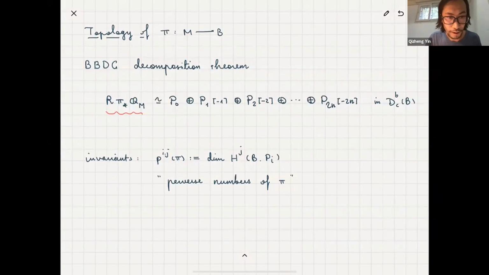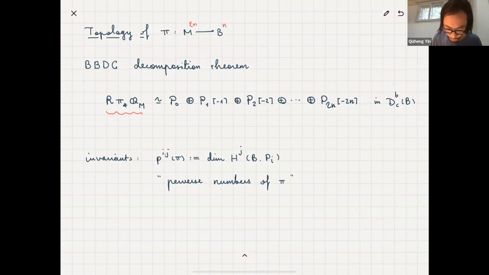The machinery we use will be the BBDG decomposition theorem. It says that if you push forward the constant sheaf, you can decompose the derived push forward into a number of so-called perverse sheaves. Roughly, in our case, if M is 2n-dimensional and B is n-dimensional, the decomposition takes the following form.